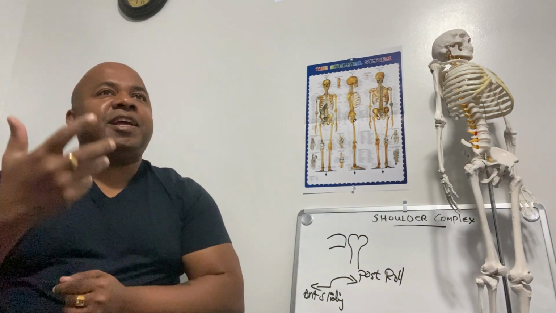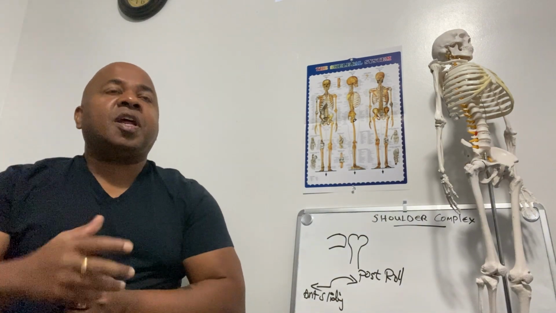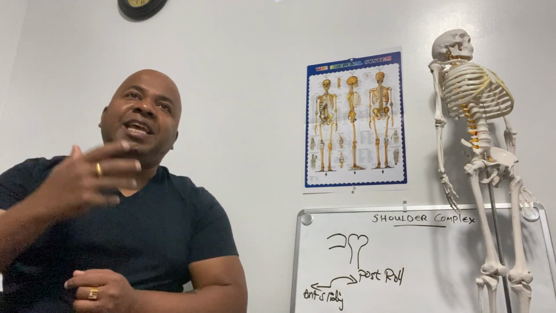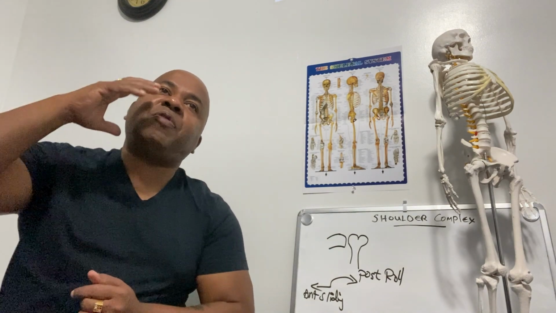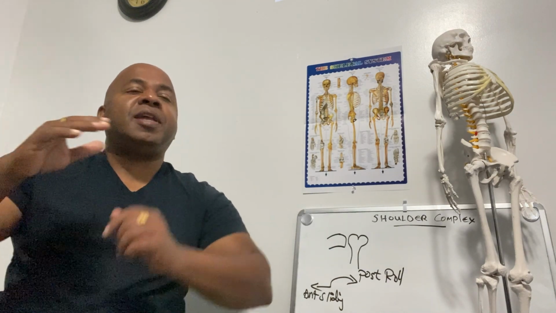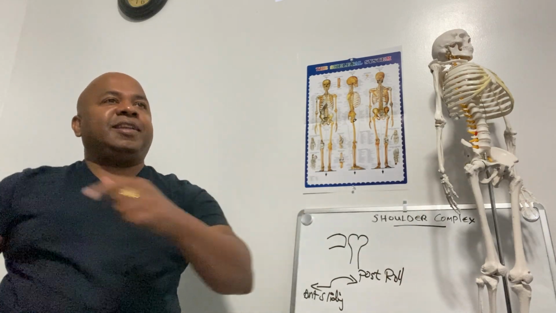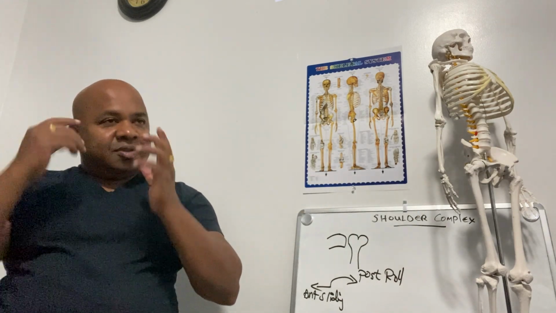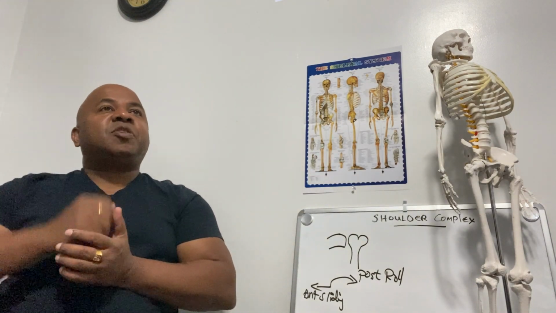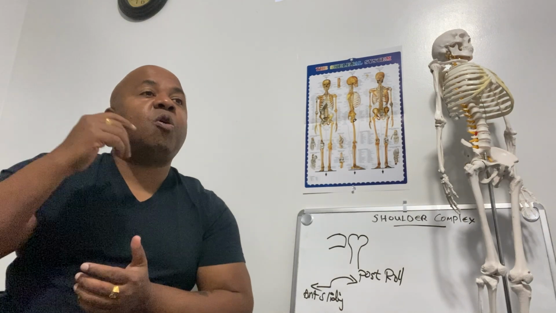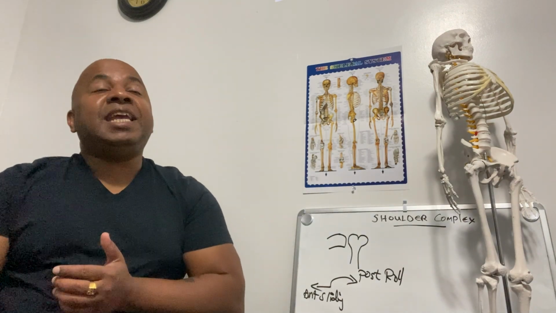What is a translatory or linear motion? Translatory or linear motion is the movement of an object or a segment in a straight line.